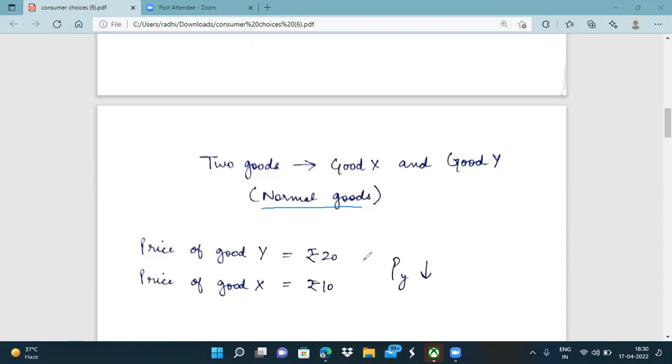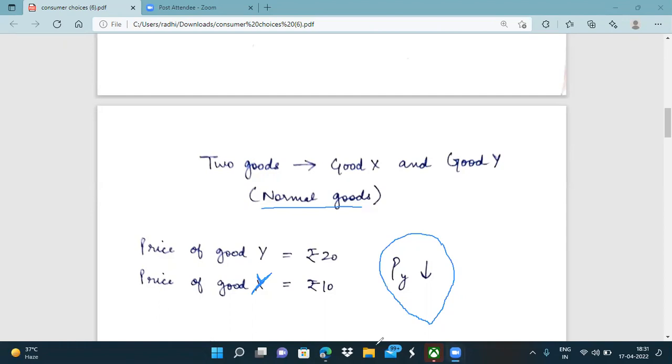Let this be the initial price. The price of good Y was initially 20 rupees, but now the price of good Y has fallen to 10 rupees. That is, there is a decrease in the price level of good Y, which is a normal good.